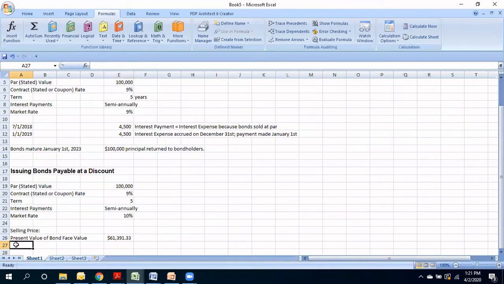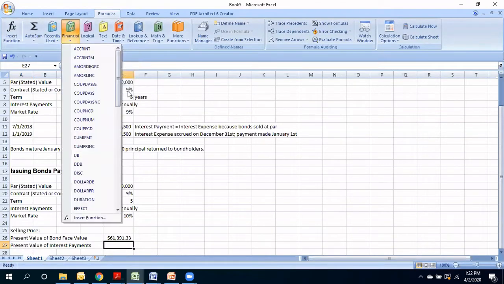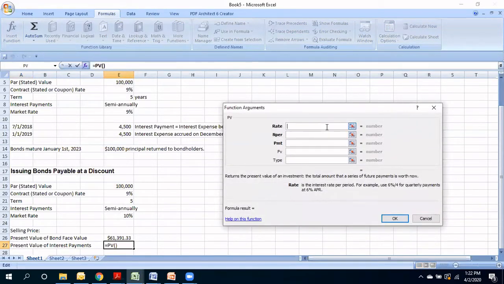Now I have to calculate the present value of the interest payments. That annuity, that stream of payments that are going to be made every 6 months for 5 years. Once again, I go to my present value table, and once again, I am looking at a market rate of 10% divided by 2. Number of periods is still 10.